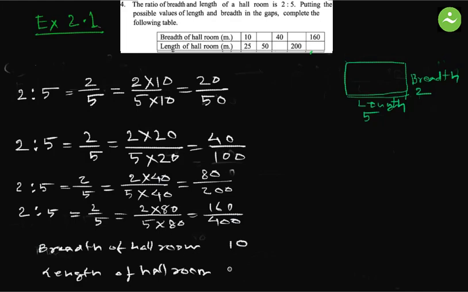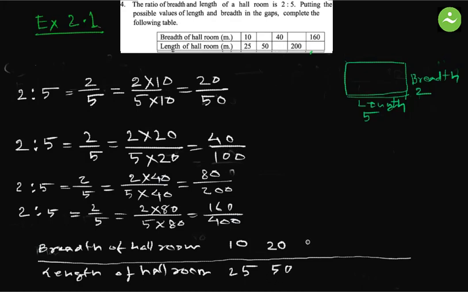Let's draw the dividing line. Okay, the second one, we got 20 by 50. Third one, 40 by 100. And then 80 by 200. And the last one, 160 by 400.